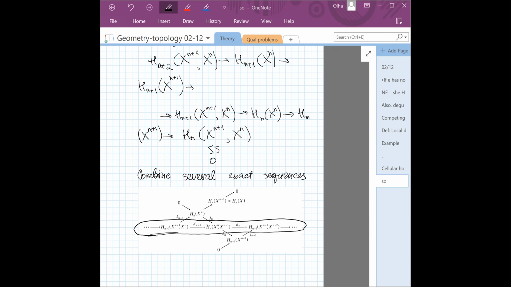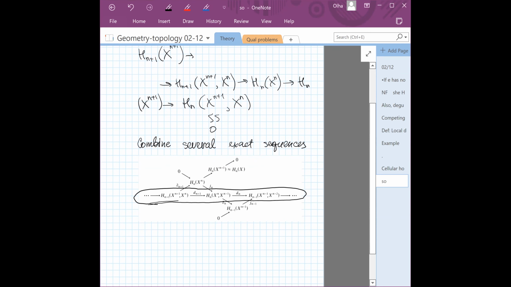Now, by computing stuff, we can get that actually the composition of D_n and D_{n+1} is 0, which lets us define another type of homologic groups. We just do quotients, we just quotient the kernel by the image.